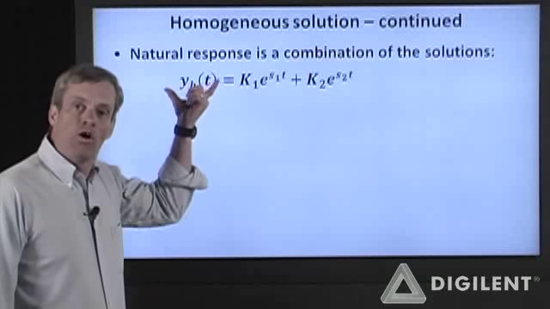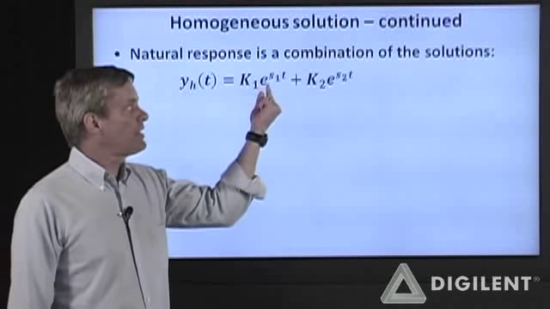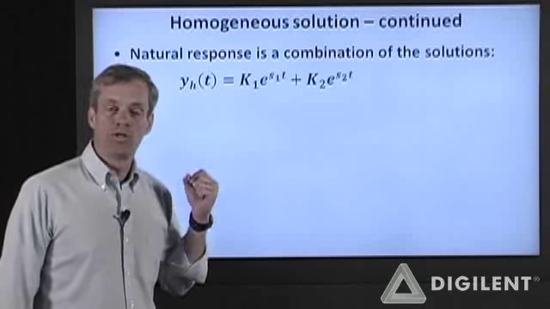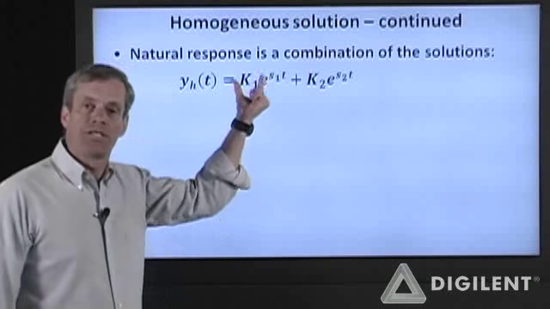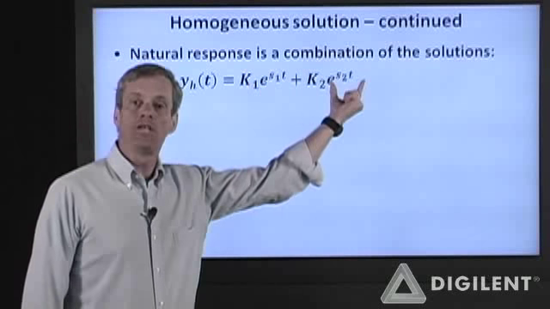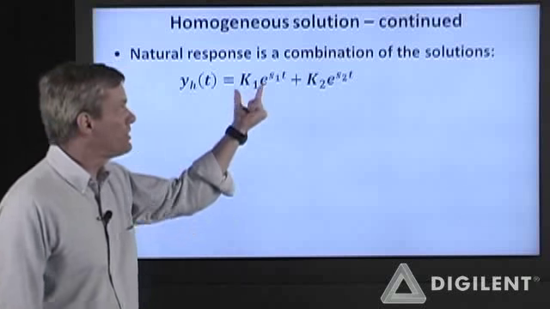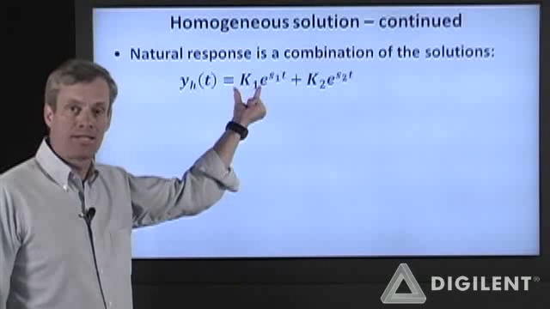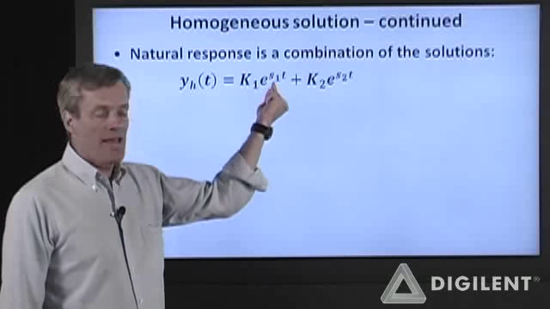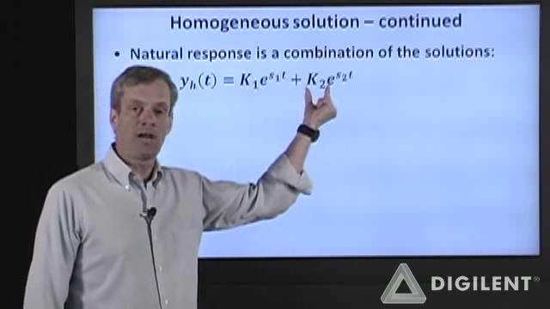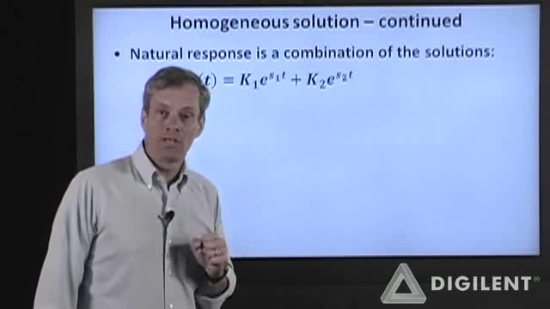Okay, our overall homogeneous solution has to reflect the fact that we have two possible solutions. So our overall solution is going to be some linear combination of the two individual solutions. So it's some unknown constant k1 times e to the s1 t plus some unknown constant k2 times e to the s2 t.